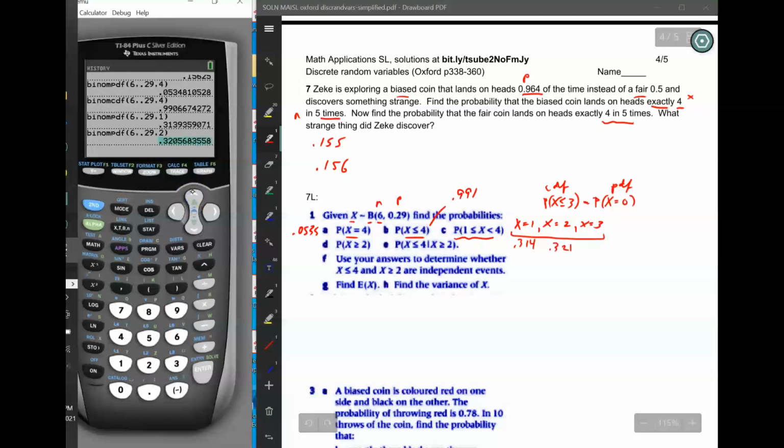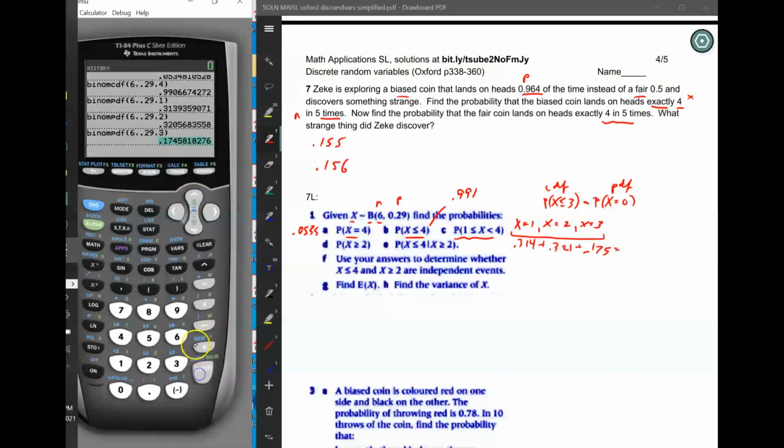And then we could just go grab it again and then change the 2 to a 3. That would be 0.175. And so what we want to do is we want to add these 3 together.